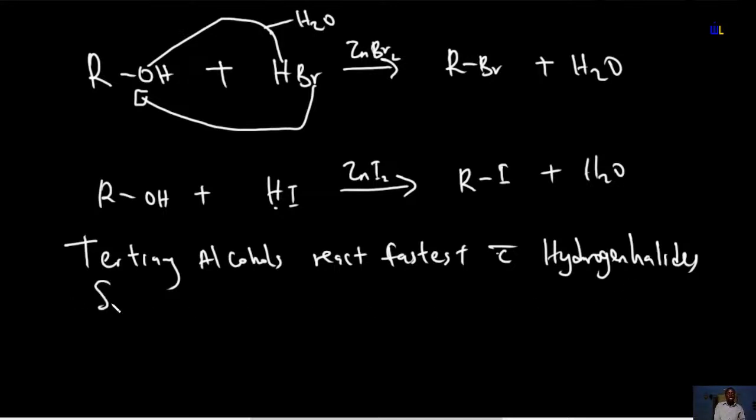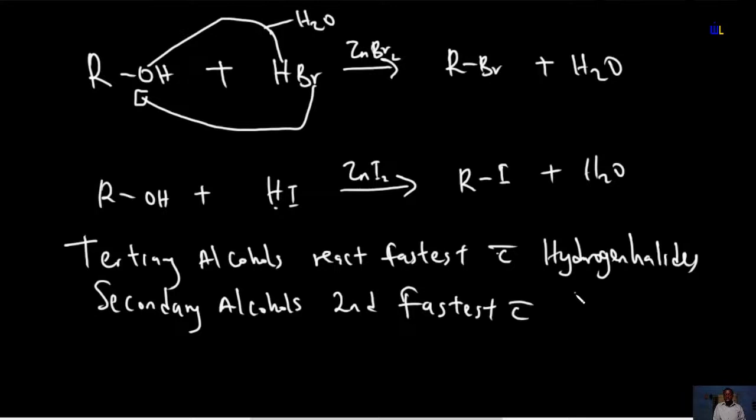The second fastest is the secondary alcohols. They are the second fastest with hydrogen halides.